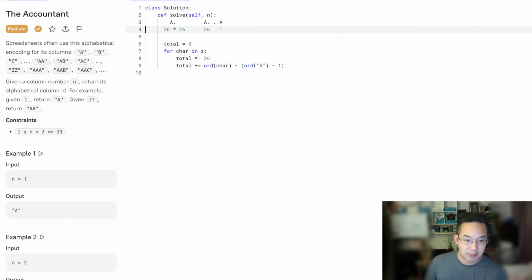Then you take that and multiply it by 26, and so that becomes the second digit here, and then you take the next digit and add that on. Let's say it's an A again. So now the total is 27. So it's 27 times 26, which is equal to 26 times 26 plus 26.